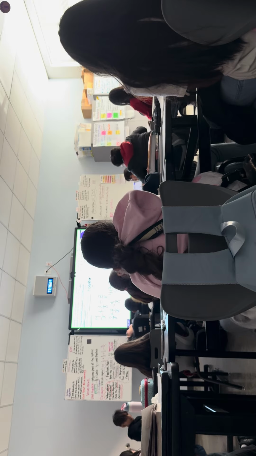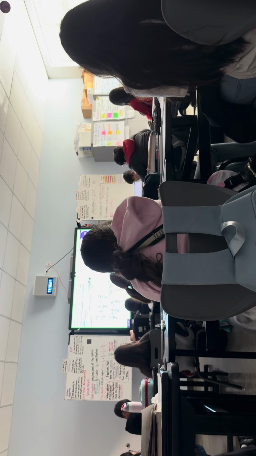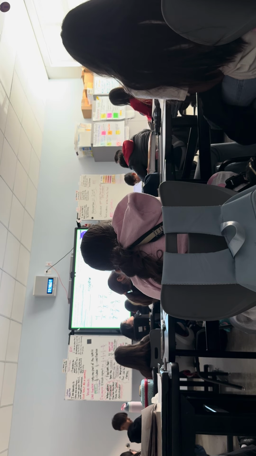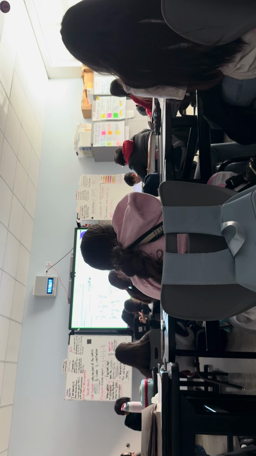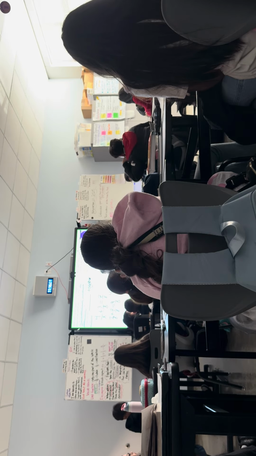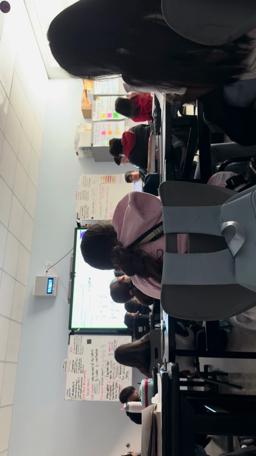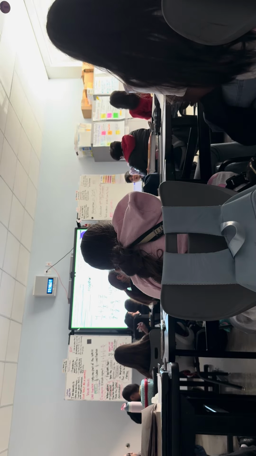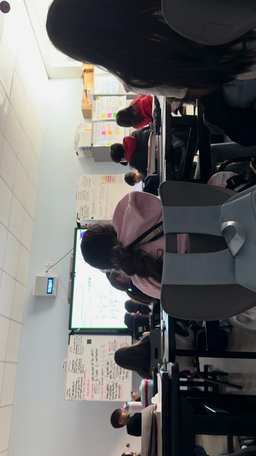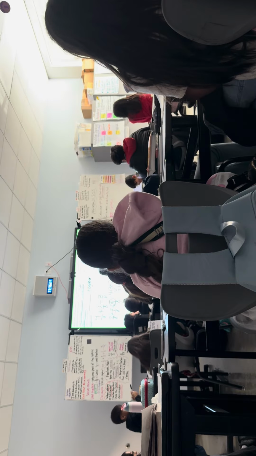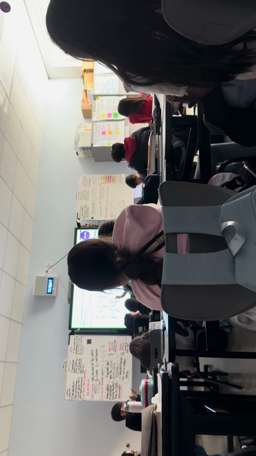If I'm at 7 and I need to add 2 more, after 7 comes what? 8, then 9. So 7 plus 2 is what, class? 9. Is that the same thing as my numerator? Yes.